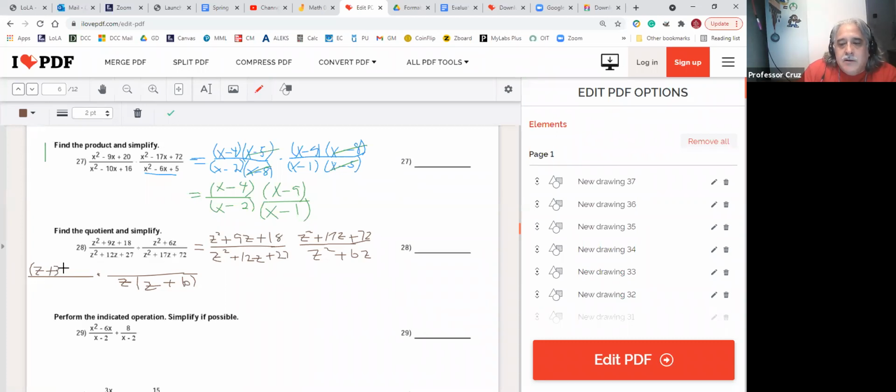Because this is a z plus 3 plus 6. All right. So I used this one that was real easy to factor, and 6 only goes into one of these 3, and it was that one, and then that leaves z plus 3.